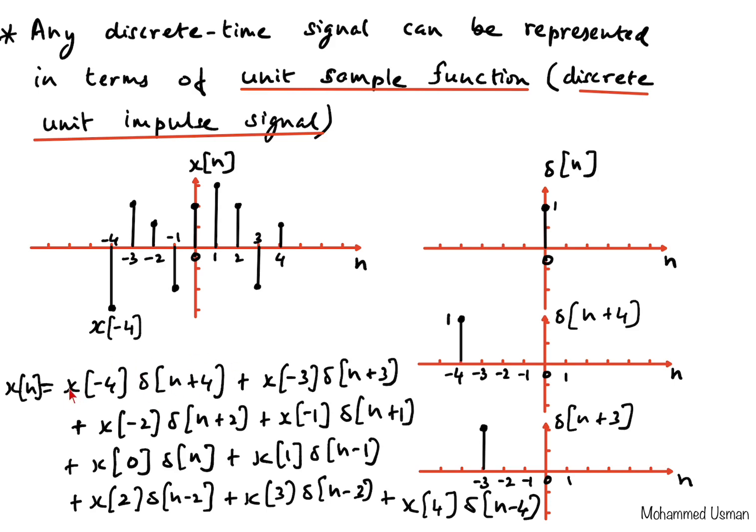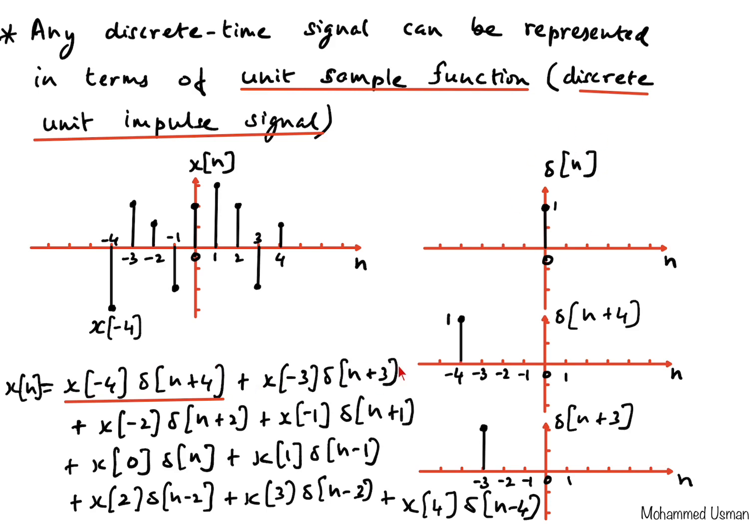function. So this first term here, let me underline this, is nothing but this delta function shifted to the left by 4 and multiplied with some value which is equal to x of minus 4. So it is a scaled and shifted version of delta of n.